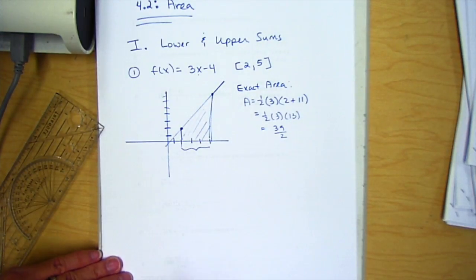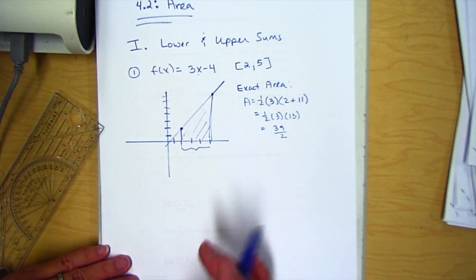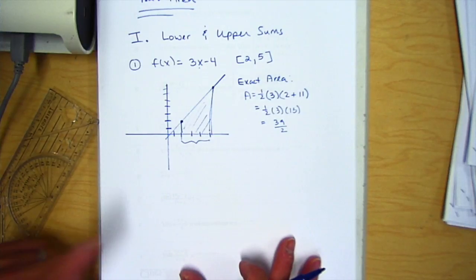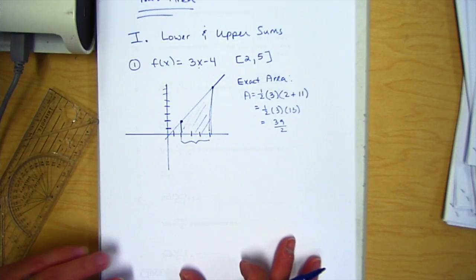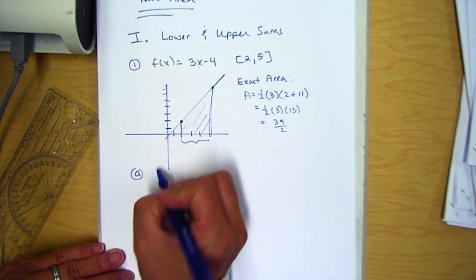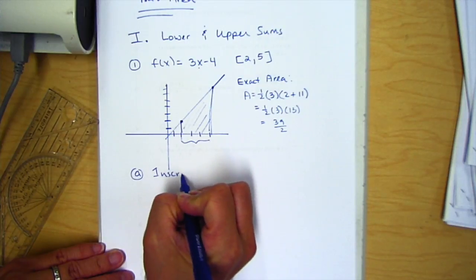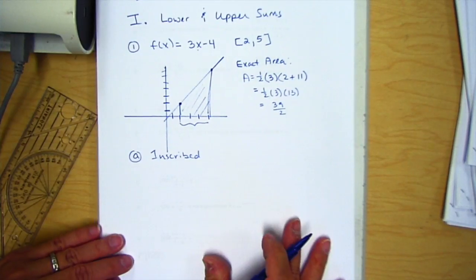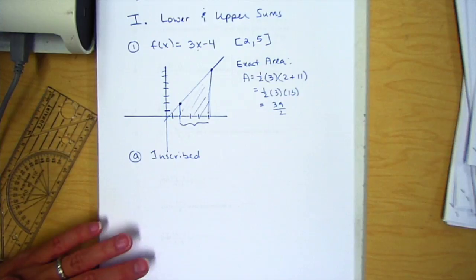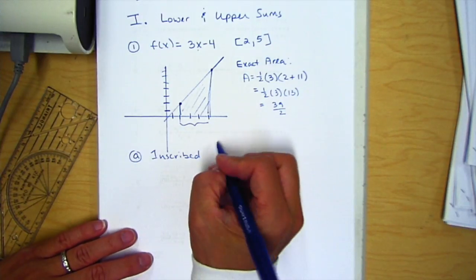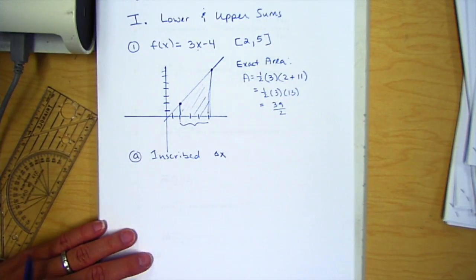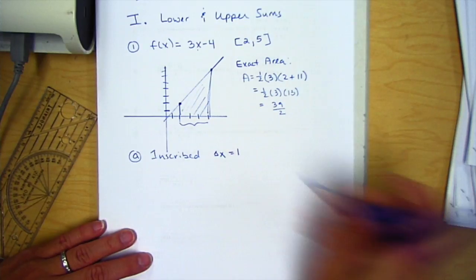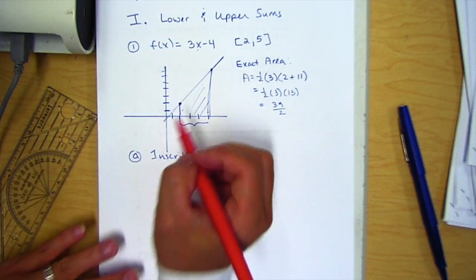Now we're going to use what's called inscribed rectangles and circumscribed rectangles. The first thing I'm going to start with is an inscribed rectangle, and I'm going to tell you how wide to make the rectangles. The width of the rectangles, or change in x, is going to be 1. Here's my first rectangle right here.